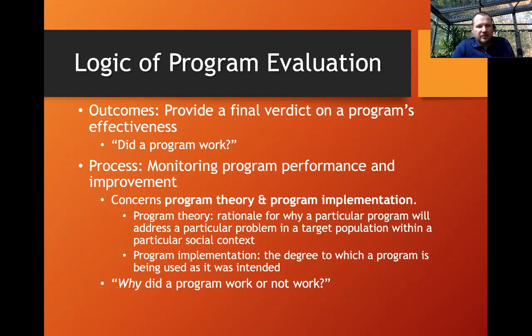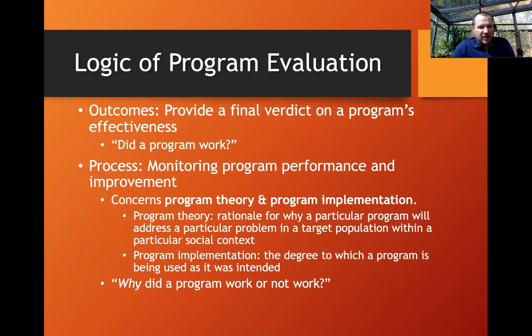So basically, if a program fails, you can attribute that failure to gain outcomes to two possible causes. One is program theory. Is the program theory inaccurate? The program theory is the rationale for why a particular program will address a particular problem in a target population and within a particular context. So does the program actually get at the root of the problem?